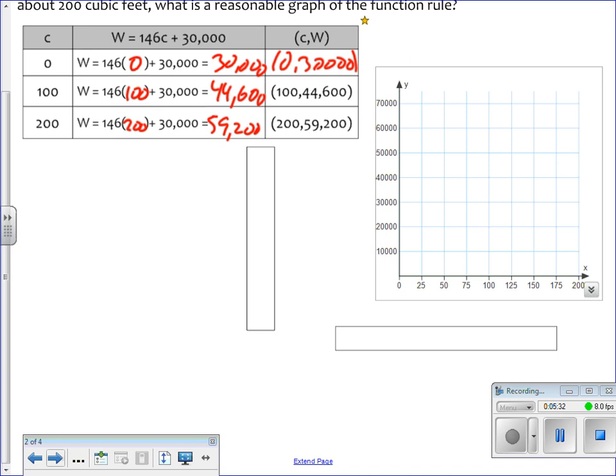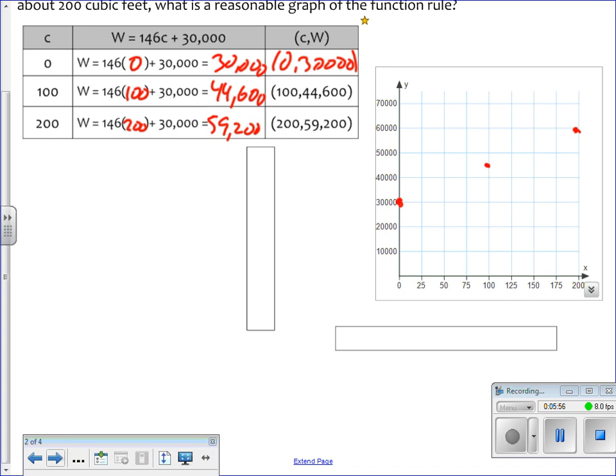Plot the points. 0, 30,000 pounds. 100, 44,600. Well, 45 is about halfway in between, so it's right about here. And then 59,200, that's just a little bit less than 60,000.